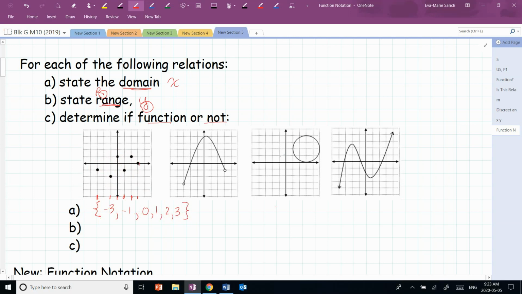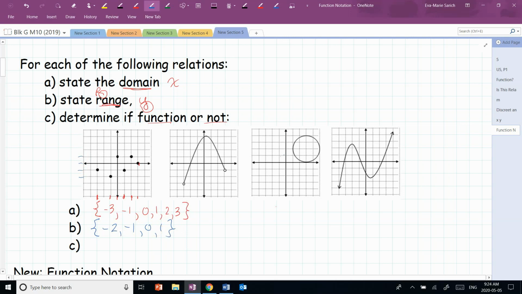For our y's, we're going up and down, so we're going down 2, down 1, at 0, and up 1. So again, the discrete points go in a bracket from lowest to highest, so -2, -1, 0, and 1.